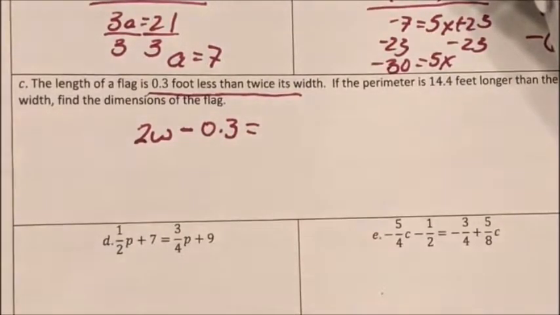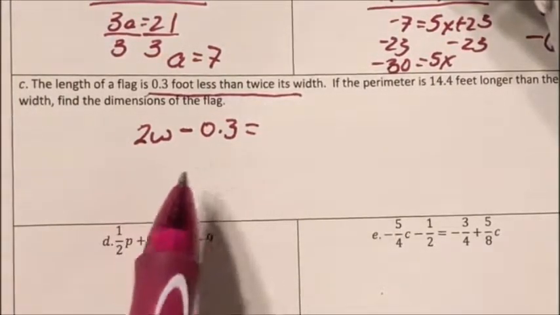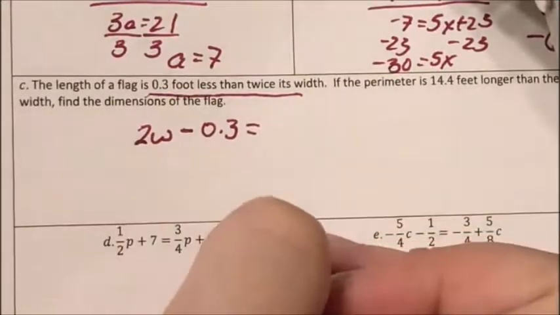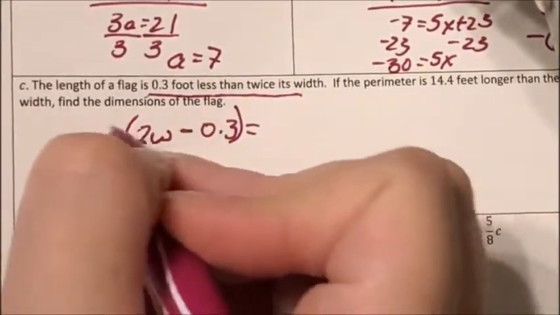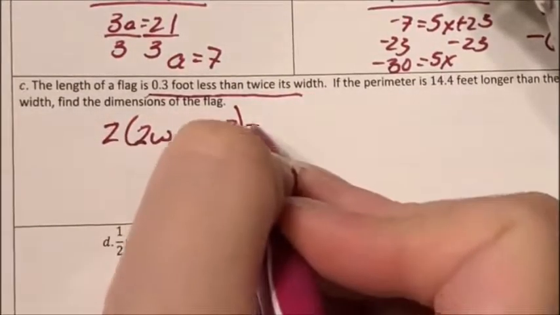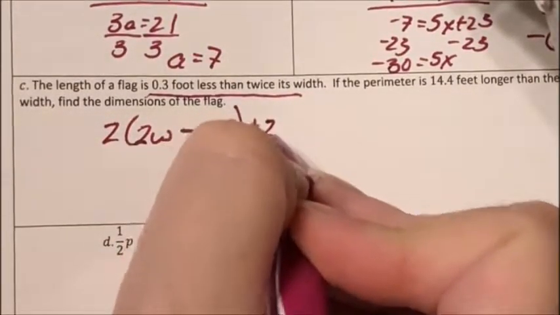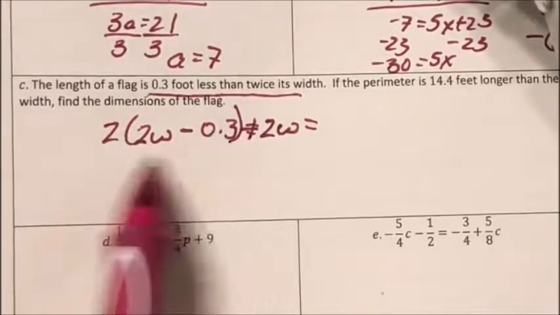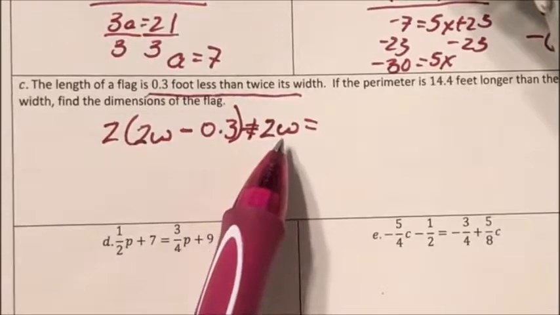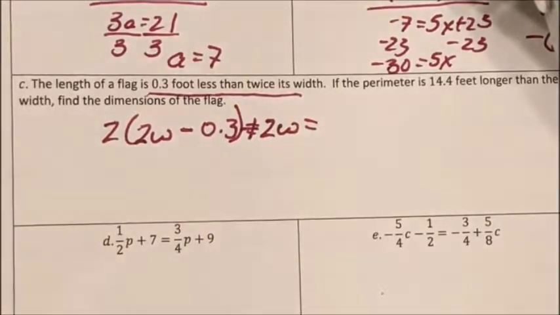In order to figure out the perimeter, I take the width times 2 plus the length times 2. So this is the length, that's one length. So there's 2 of those, plus 2W. So this is 2 times the length plus 2 times the width, because that's how I find perimeter.